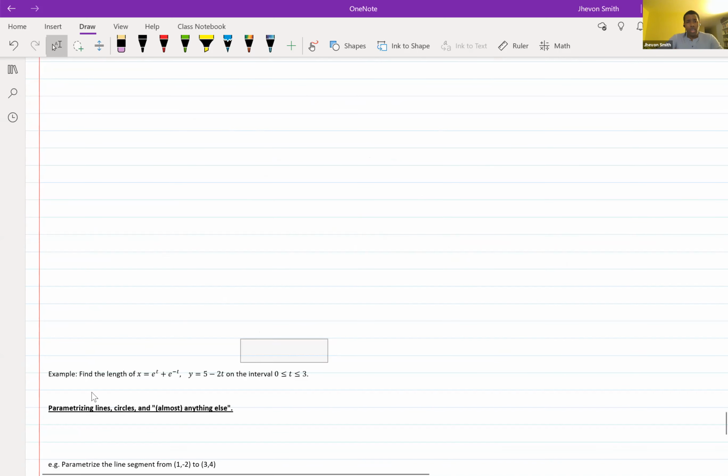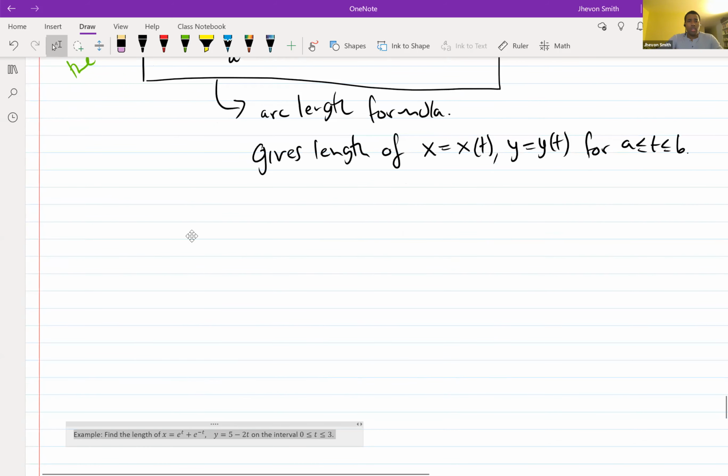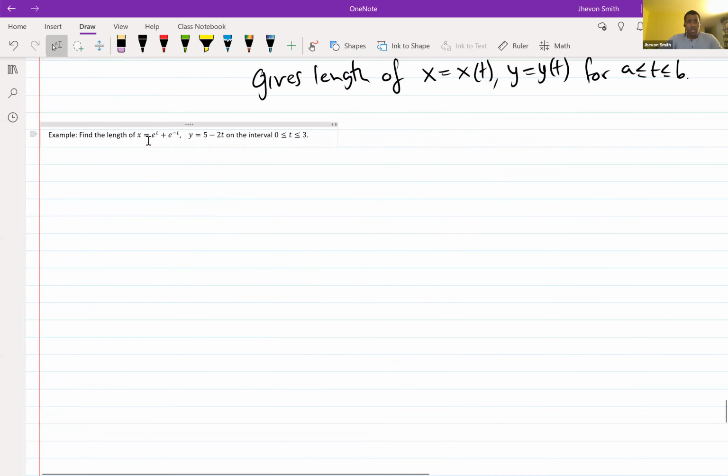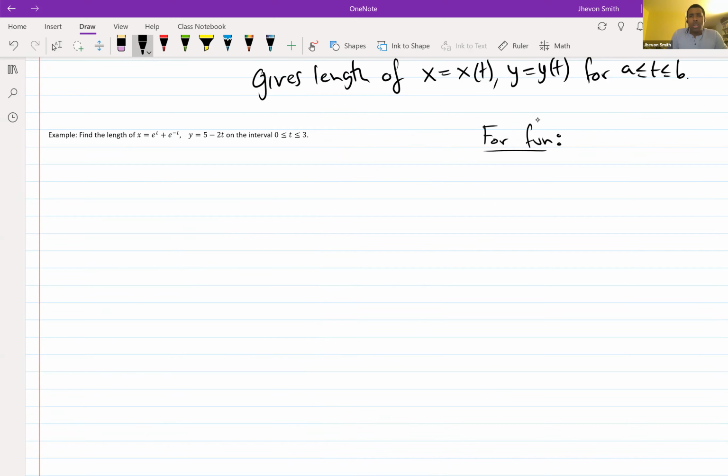And so what we can do is find the length of a curve. For example, let's find the length of this curve. And let's look at the graph here for fun, because that curve is pretty complicated. But let us see what the graph would look like. So back to that graphing thing.